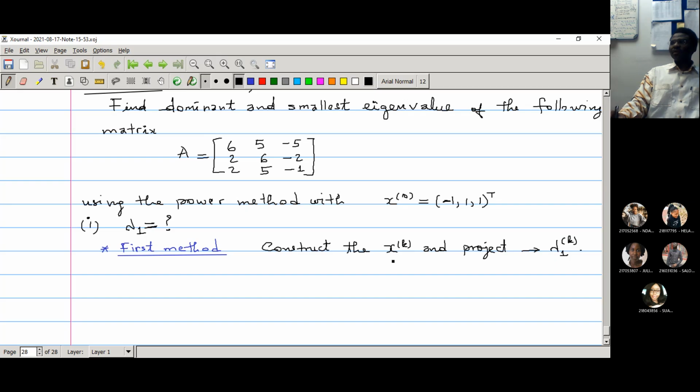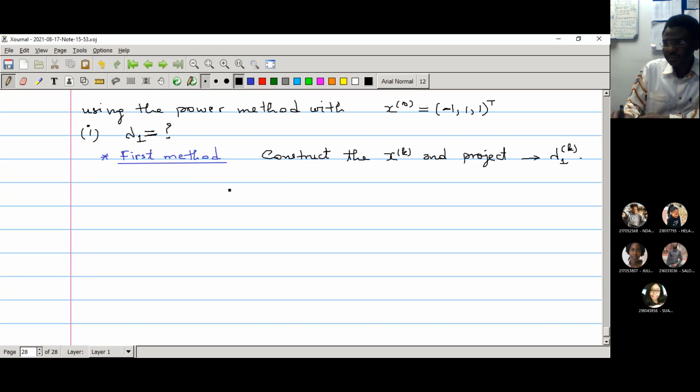This one will converge towards V, the associated eigenvector. I did not stress on the eigenvector, but it gives us both eigenvalue and the corresponding eigenvector. So let me write it here. Lambda 1 k that we construct will converge to lambda 1, and the xk will converge to V, the associated eigenvector.